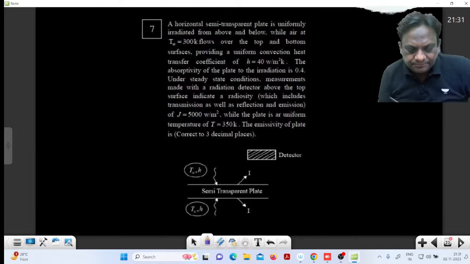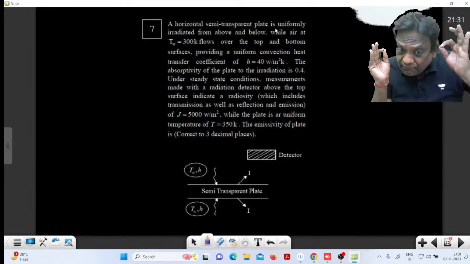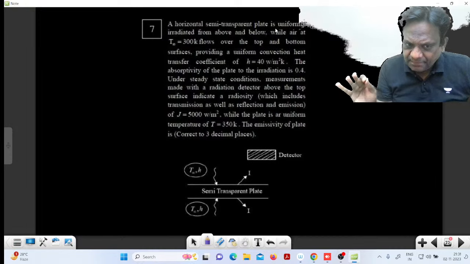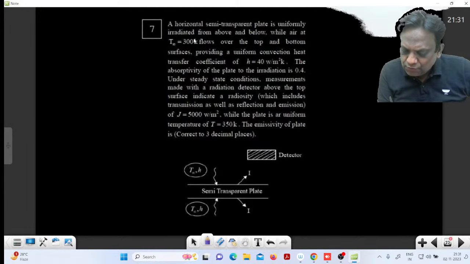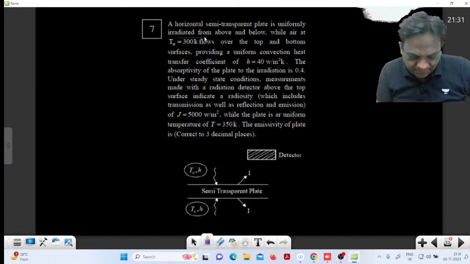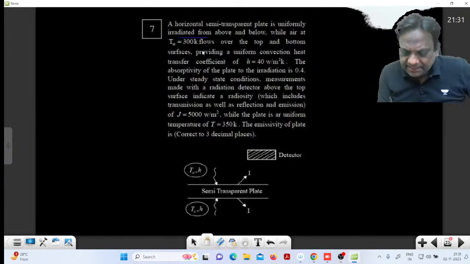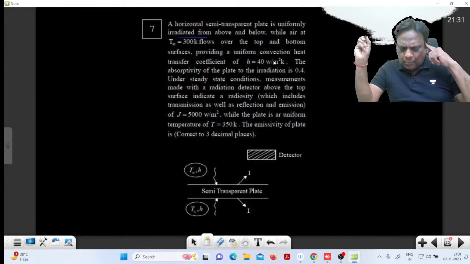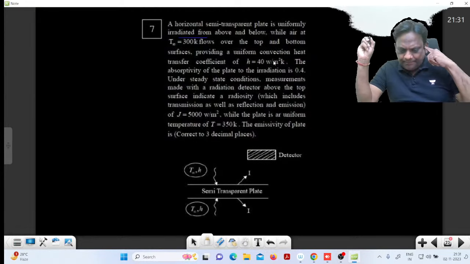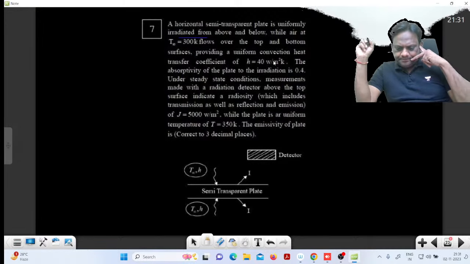पढ़ो सर ये क्वेश्चन. A horizontal semi-transparent plate. This is a very good question, sirs. A horizontal semi-transparent plate is uniformly irradiated above and below, while air at 300 Kelvin flows over the top and bottom surface, providing uniform convective heat transfer coefficient of 40.